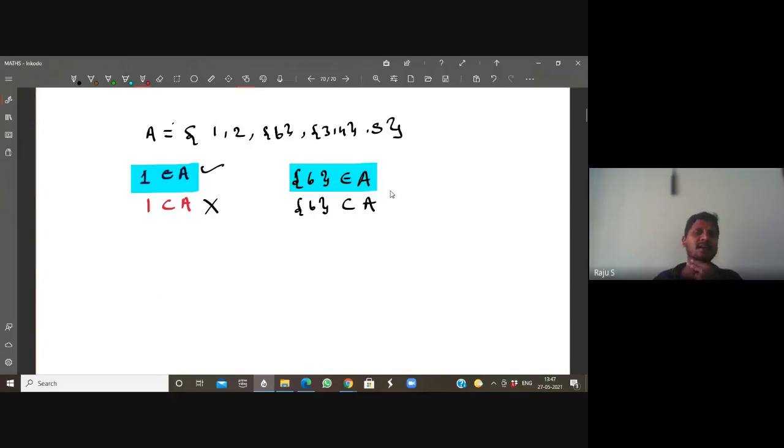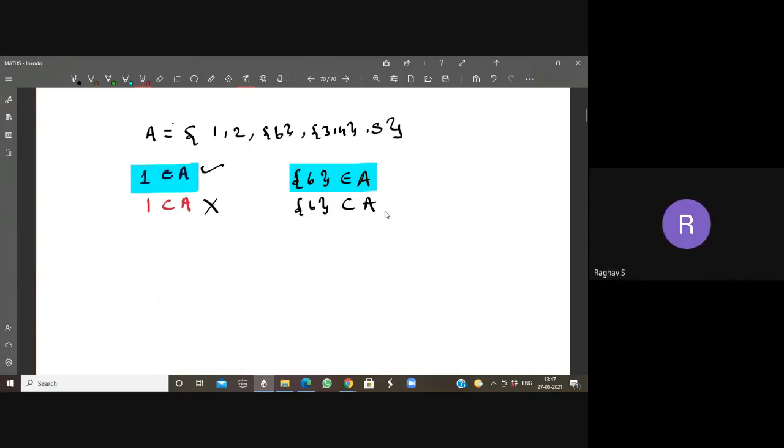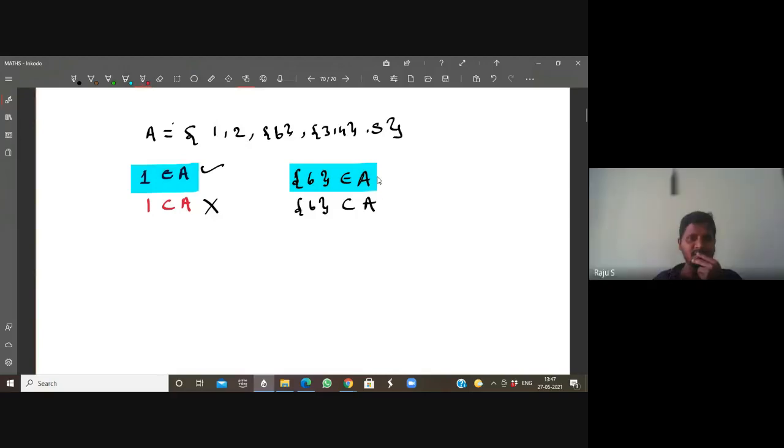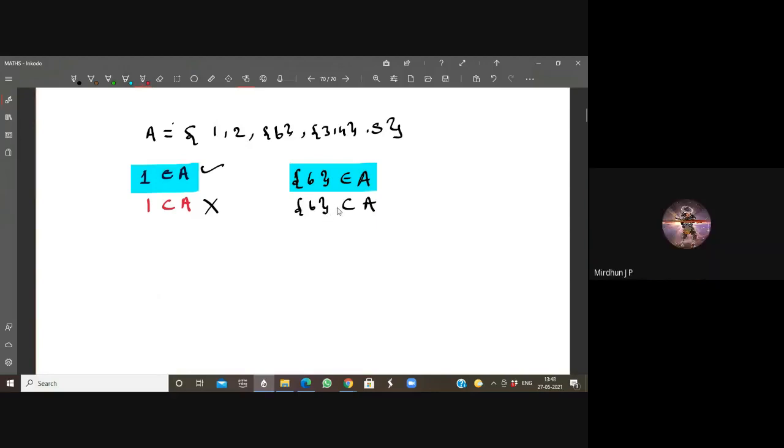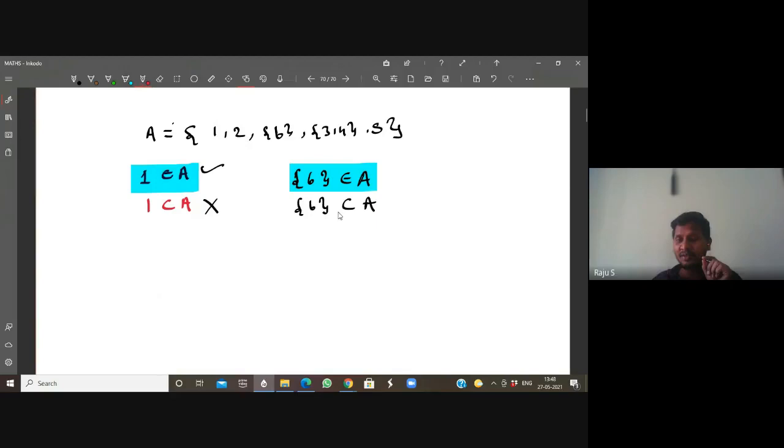Can anyone say the second one is right? First one is right because we should add one more bracket. The second one is correct because the bracket is there. A bracket is nothing but a set. Are you sure?